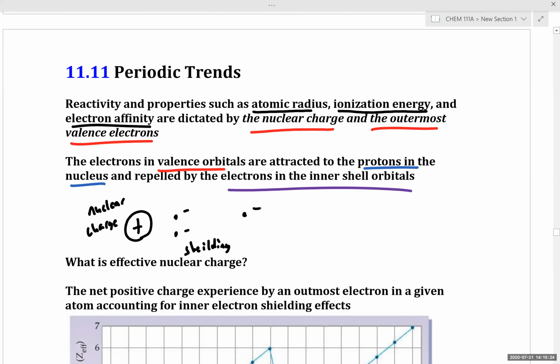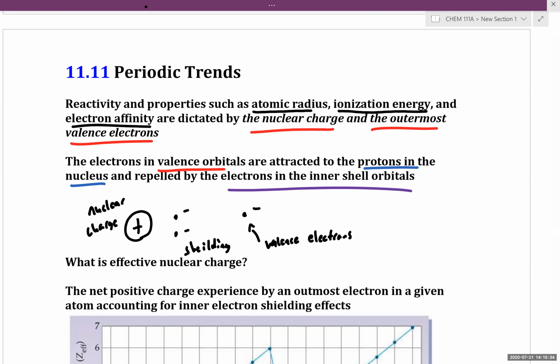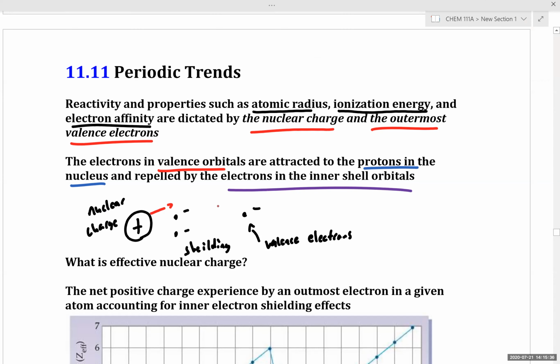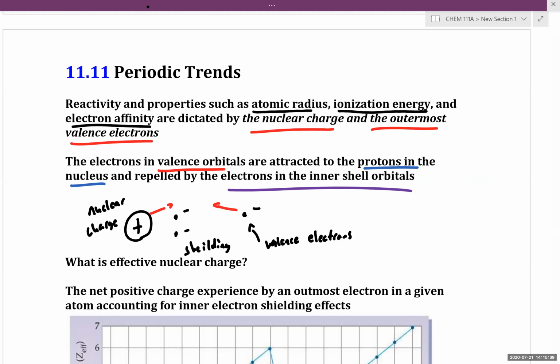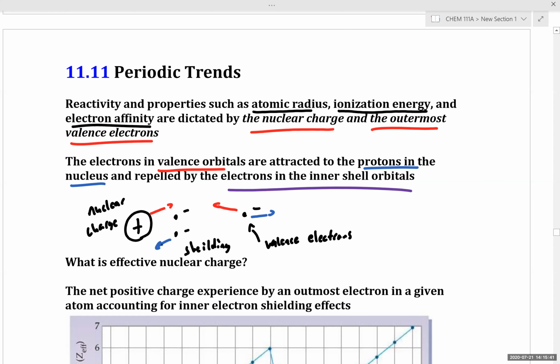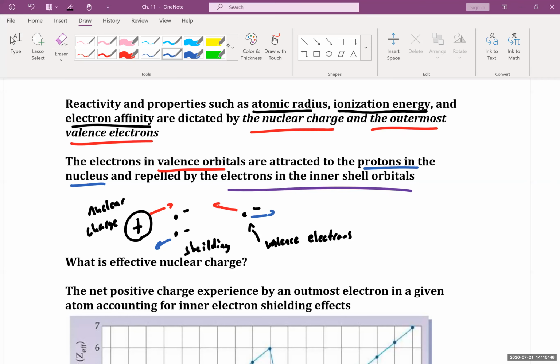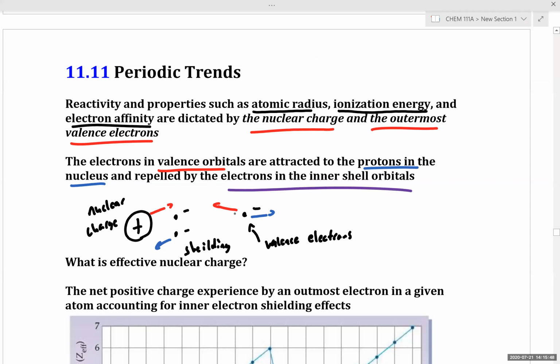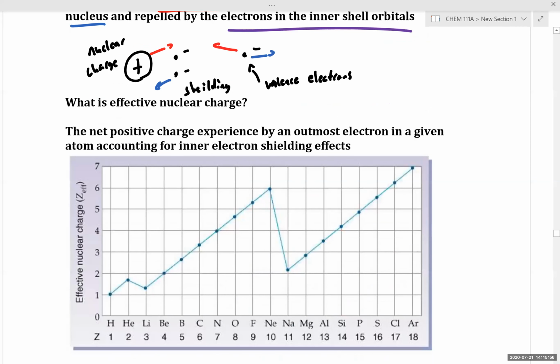Our outermost electrons, or valence electrons, experience an interplay between attraction to the nucleus and repulsion from our inner shell electrons. And again, we've summarized the amount of nuclear charge that our electron actually experiences using the effective nuclear charge expression.